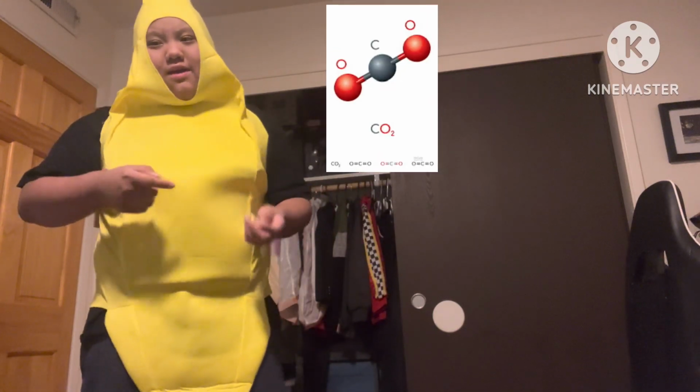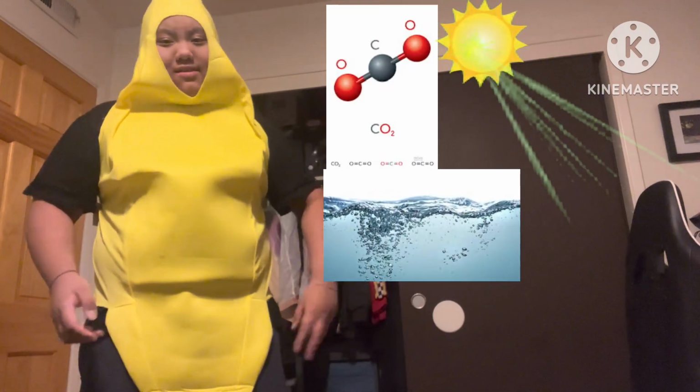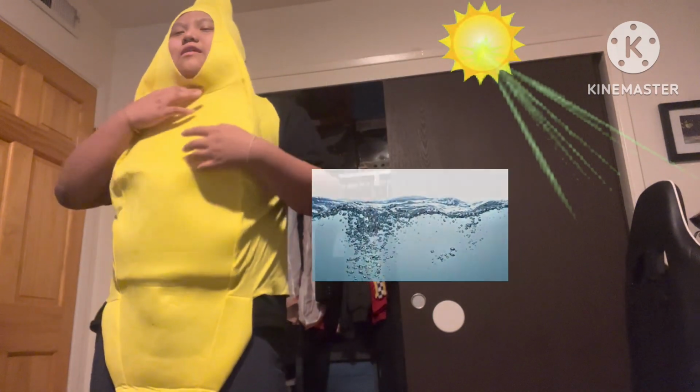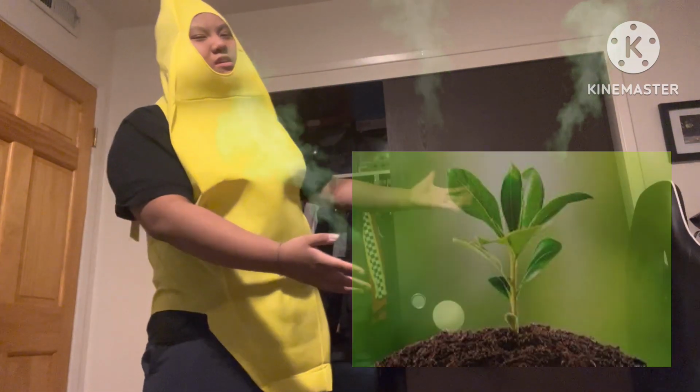Chemical energy helps fuel their metabolism, which then allows them to turn carbon dioxide into oxygen. Crazy, right? Yep. Anyways, carbon dioxide, water, and sunlight are the three main things that make plants produce oxygen.